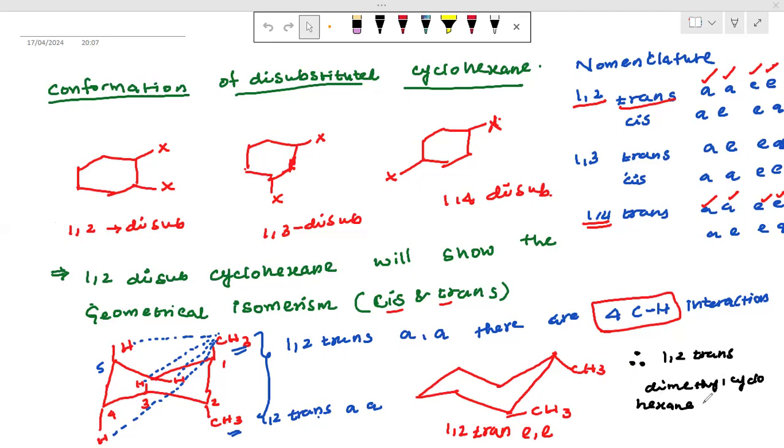In brackets, write: equatorial position substituents are more stable than substituents in the axial position.